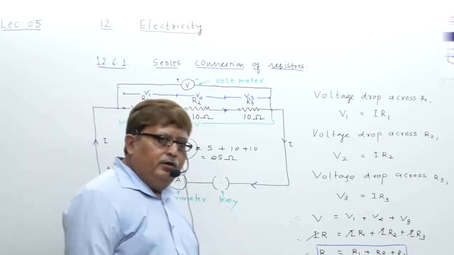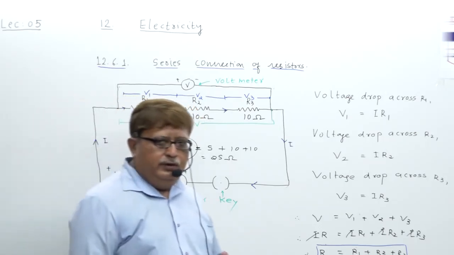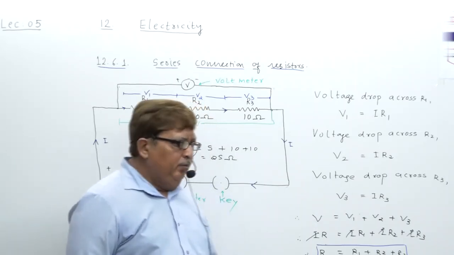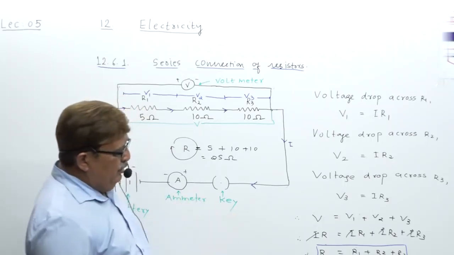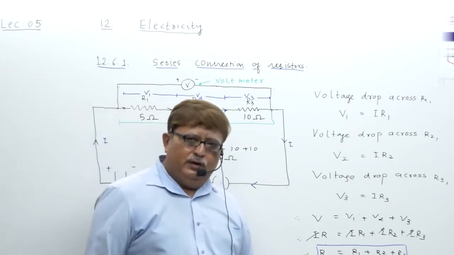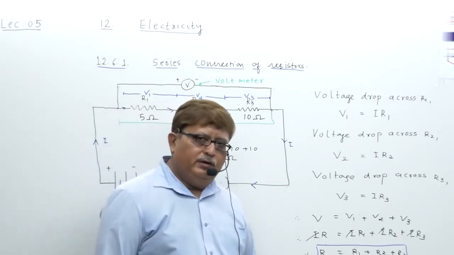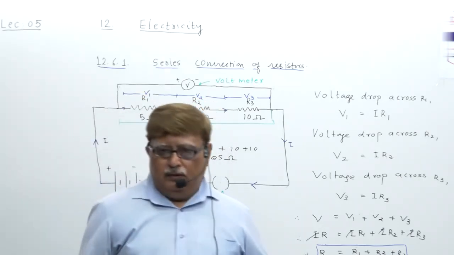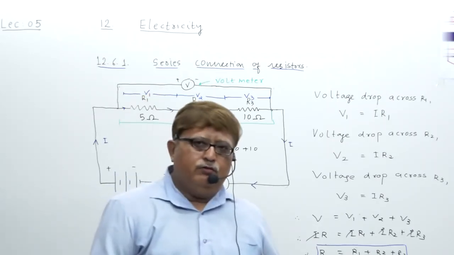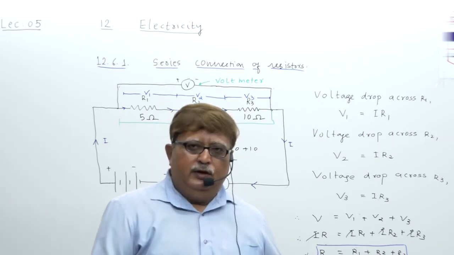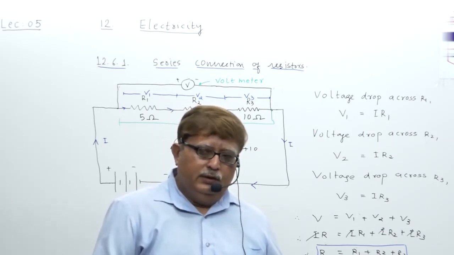series connection of resistor. Okay, three questions could be designed, and my dear student, numericals about series connection are asked. It's not so difficult to answer any numerical, because for solving any numerical regarding series connection, you have to keep only two things in mind.